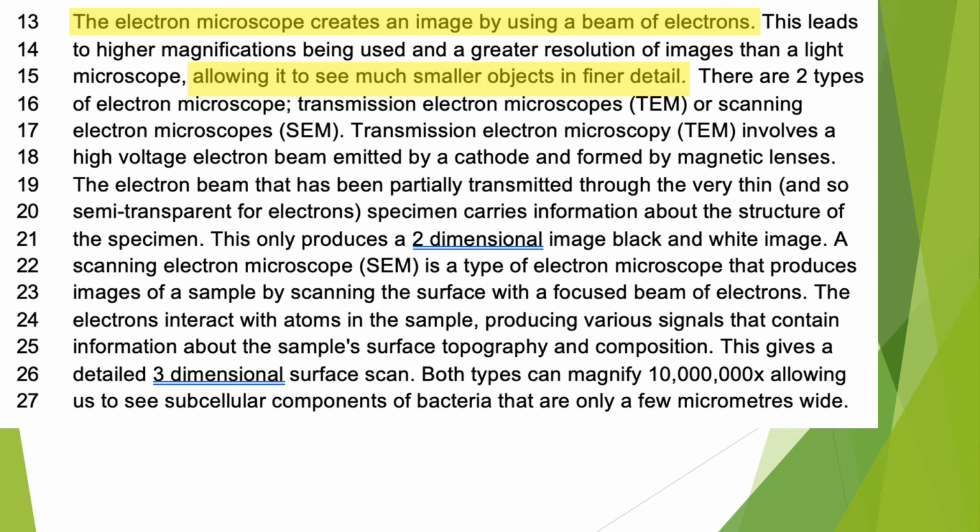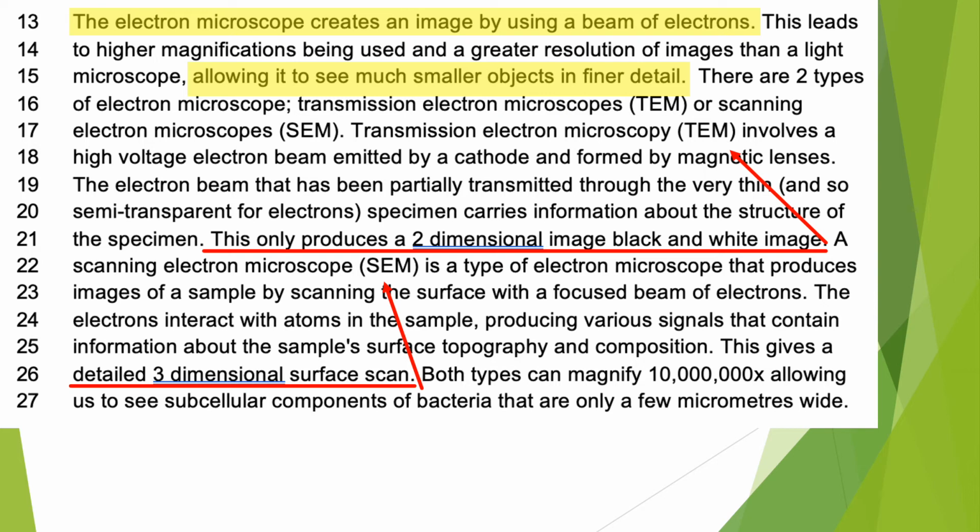So lots of difficult words here, but I'm going to make this as simple as possible. So the basic thing I want you to remember about TEM is that TEM produces a 2D image, black and white. Okay, 2D image. Now you might think, well, most images that we see about cells are 2D, and that's not actually true, because if you look at the SEM, so SEM creates a three-dimensional surface scan, and each one has its cons and its pros.